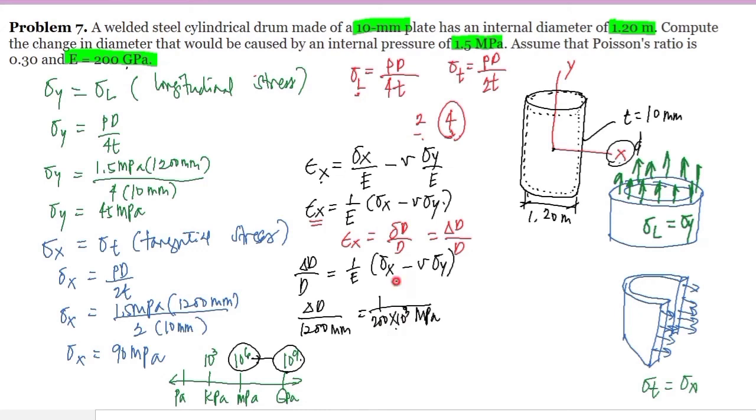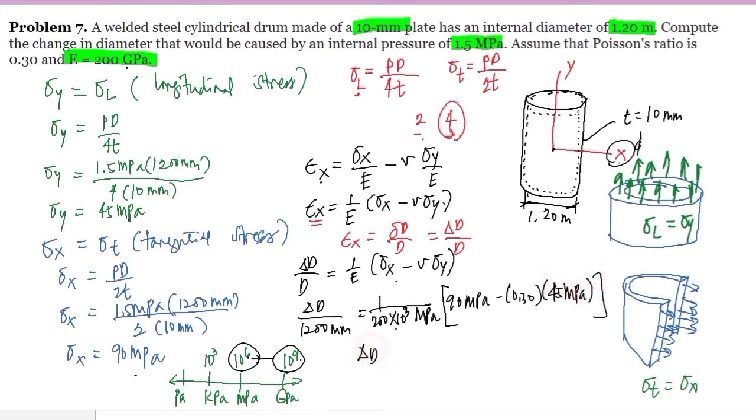Now the stress in x, since we already computed for that, is equal to 90 megapascal. So we have here 90 megapascal minus the Poisson's ratio equal to 0.3 times the stress in y, that is the longitudinal stress, 45 megapascal.